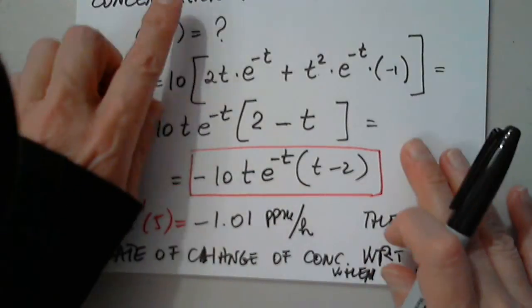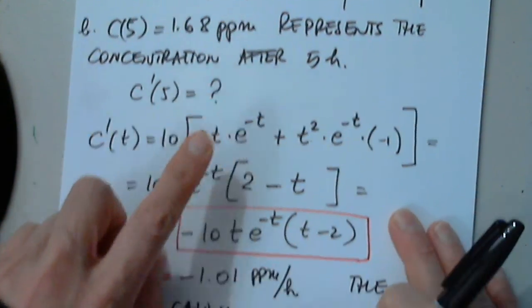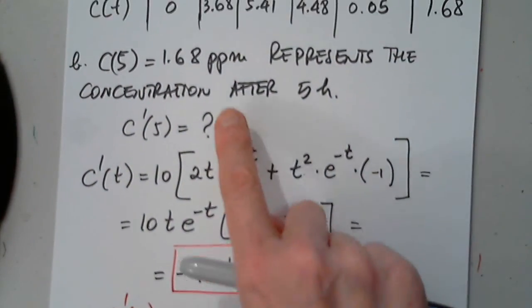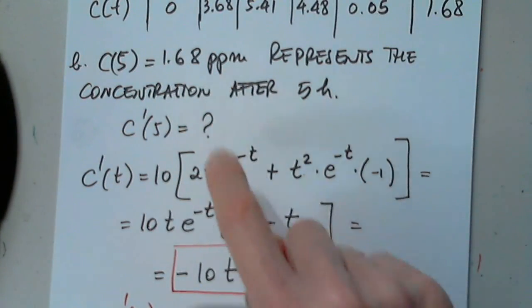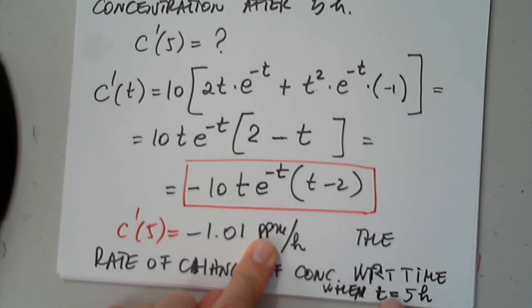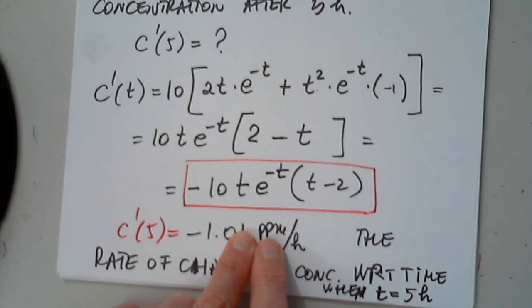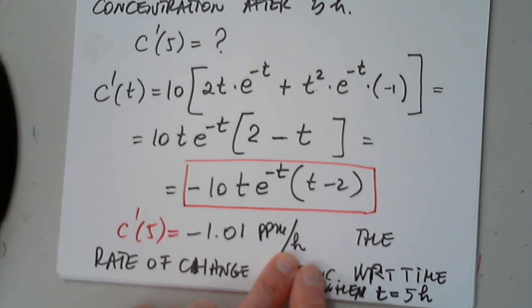Awesome. This was ppm. This is the rate of change with respect to time. The rate of change is the measurement unit for the y variable over the measurement unit for the t, or the independent variable. Y over x. Measurement unit for y is ppm. Measurement unit for x or t is hours. Excellent. It's a rate of change. It has to have two measurement units. Awesome. Thank you. Perfect.